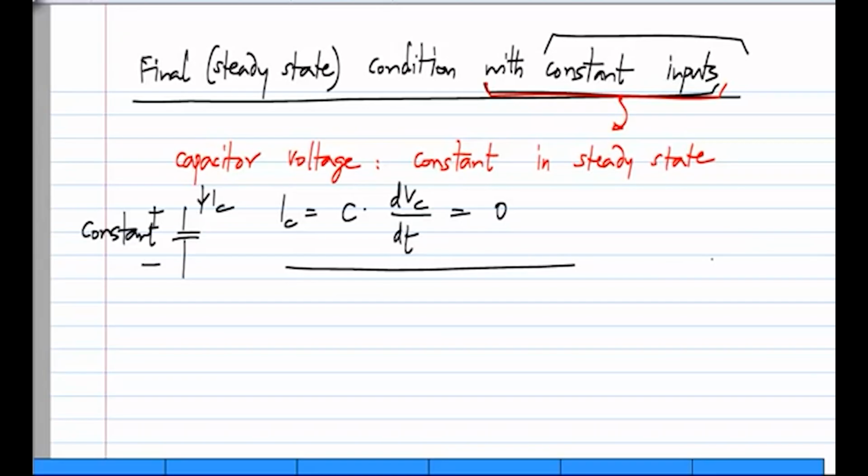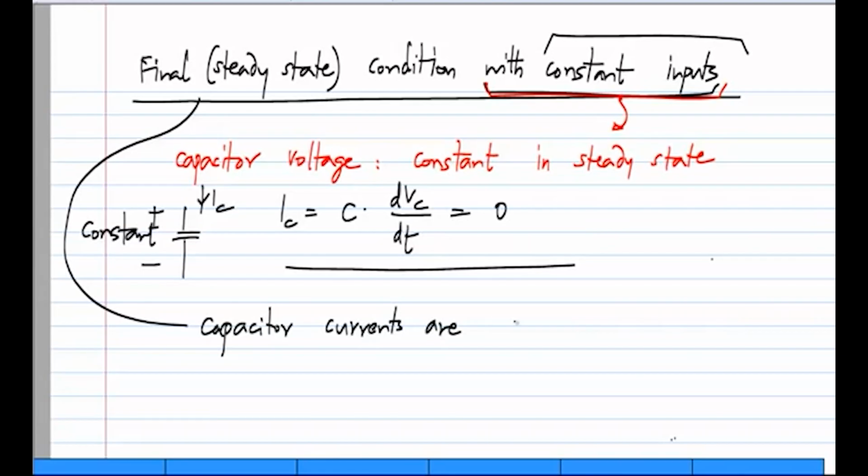So if you have constant inputs and you have reached steady state, the capacitor currents will be 0, which means that they can be treated as open circuits.